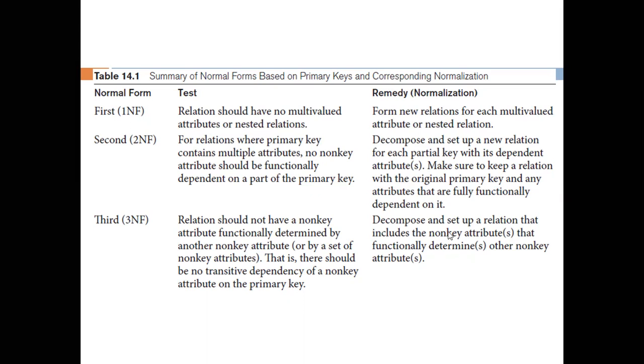If this test fails, the remedy is to divide the table and set up a relation that includes the non-key attribute that functionally determines another non-key attribute. Those two can be moved to a new table, and we designate the determining non-key attribute as the key in that table.